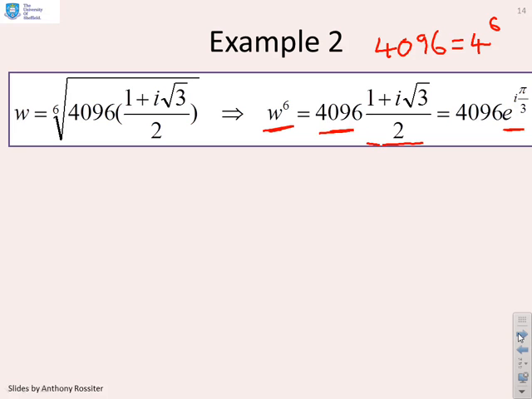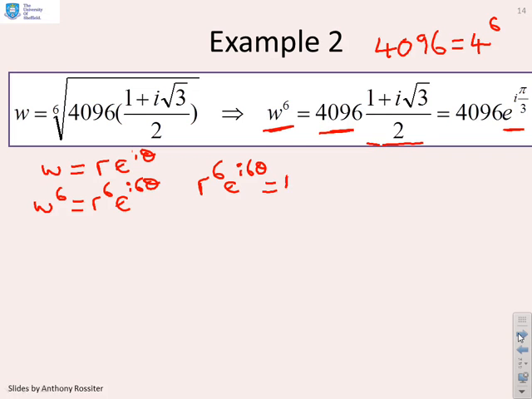So if I write w equals r e to the i theta, then w to the 6 is r to the 6 e to the i times 6 theta. So what I'm trying to solve is the following: r to the 6 e to the i 6 theta equals 4 to the 6, that's the 4096, times e to the i pi by 3.